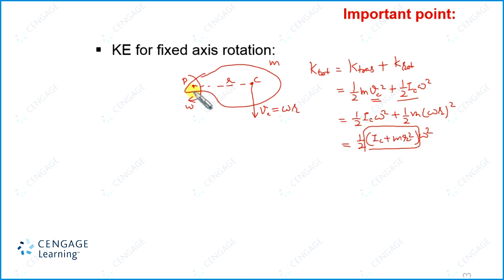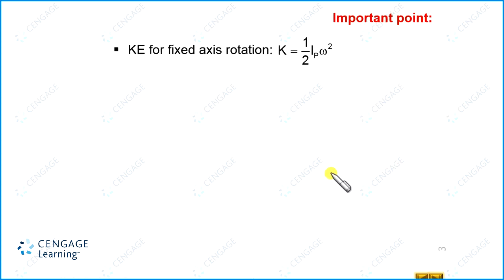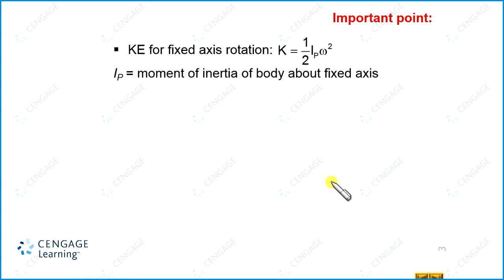This is nothing but the moment of inertia of the body about an axis passing through P. You can observe here, this is the application of the parallel axis theorem. So here we can write this is equal to half Ip multiplied by omega square. So we can write total kinetic energy as half Ip omega square. Here Ip is the moment of inertia about the fixed axis of rotation.